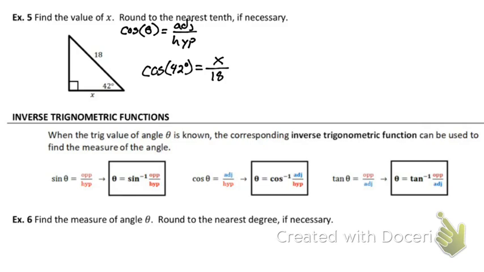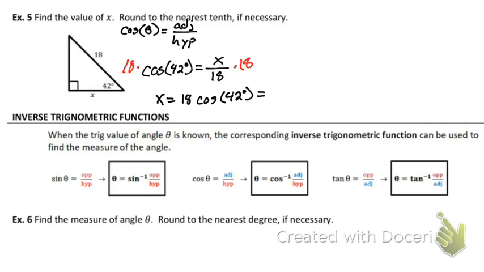Well, now to get x by itself, you're just going to multiply both sides by 18. So if you multiply both sides by 18, you're going to come up with x equals 18 times cosine of 42 degrees.